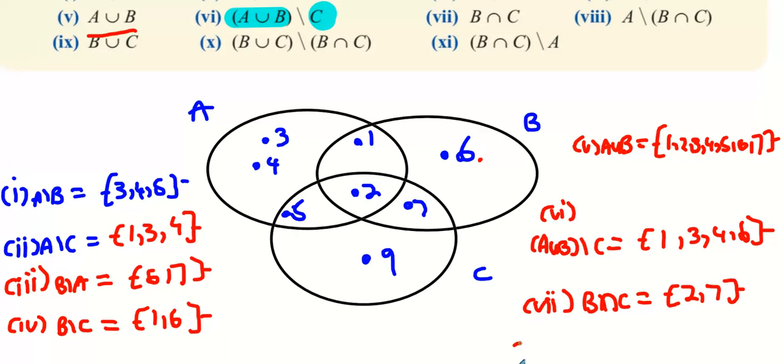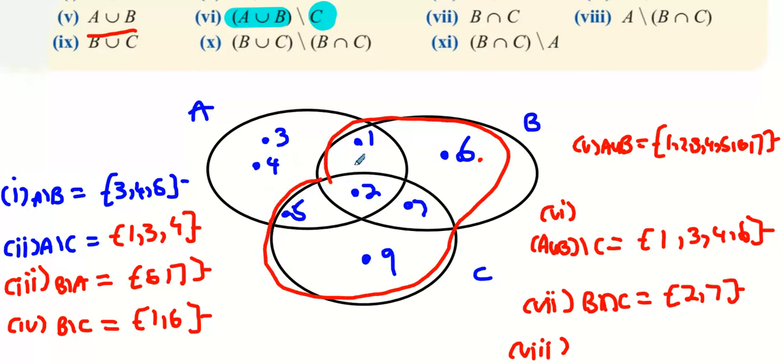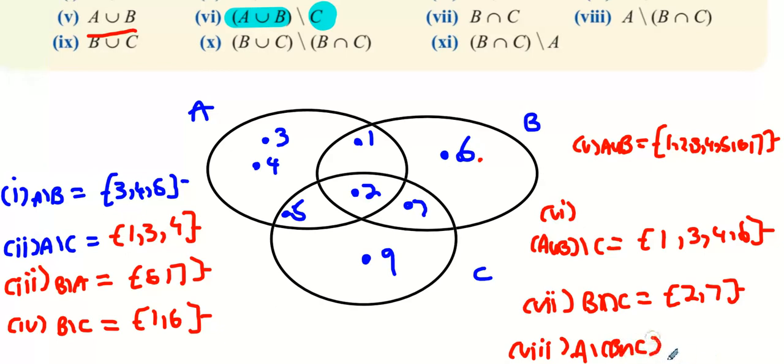Everything in A that's not in B intersection C. So everything in A, but you're not allowed in B intersection C. B intersection C is the red line I'm drawing around. You have to be inside of A, but you're not allowed inside the red boundary. So it's just 3 and 4.